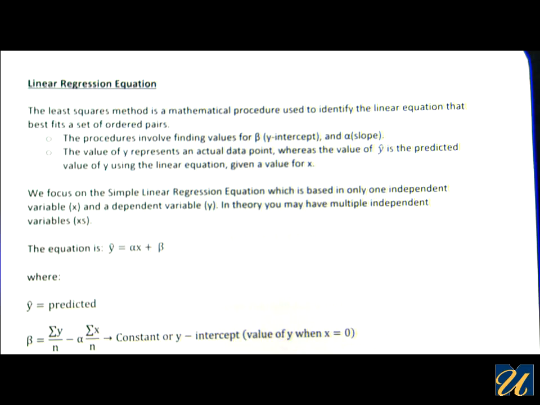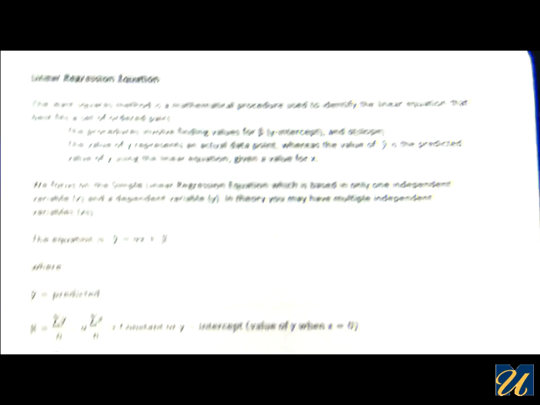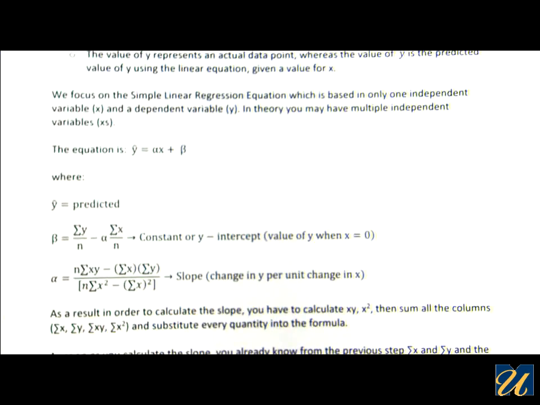Now, we focus on the simple linear regression equation, which is based on only one independent variable and one dependent variable. In theory, you may have multiple independent variables. However, in our case, we will only cover a simple linear regression equation where, once again, we have one independent and one dependent variable.